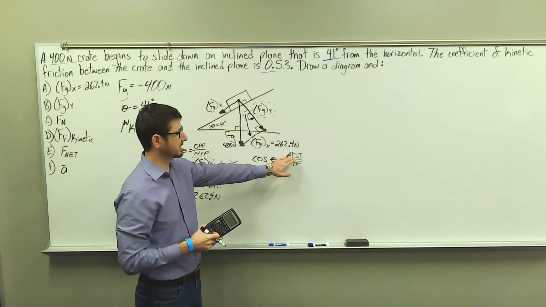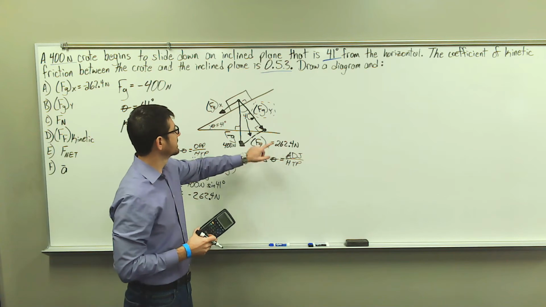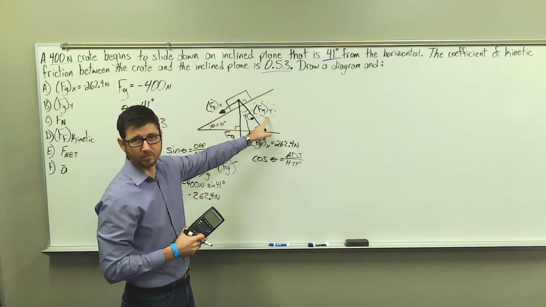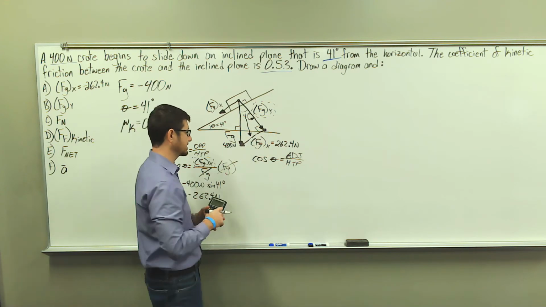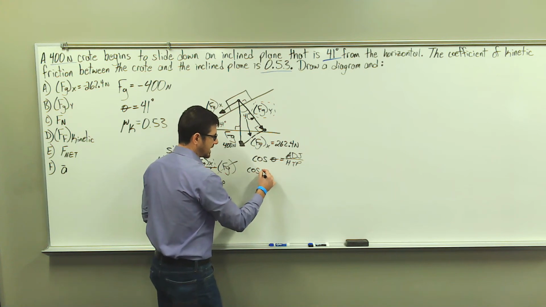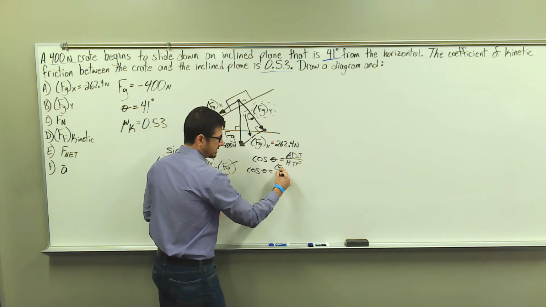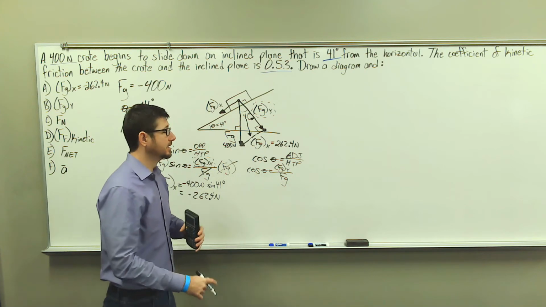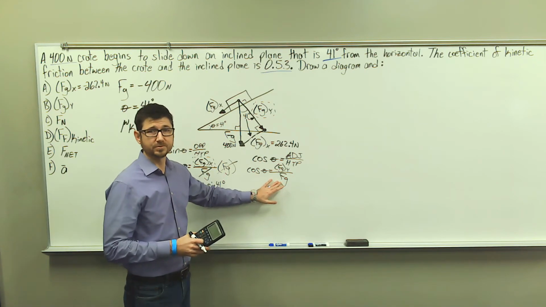Now I'm going to adapt my base equation to my situation, and I'm going to be more descriptive here. I don't just want to leave this adjacent side length. Let's call it the y component of weight force, because that's what we are actually solving for. So cosine theta equals the y component of weight force divided by our weight force due to gravity.